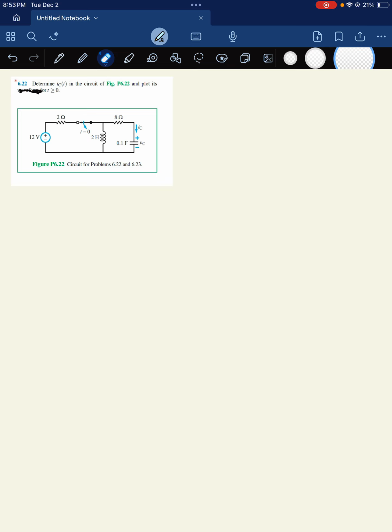So step one, we're gonna analyze the circuit at t equals 0 minus. The 12 volts is connected to the resistor, and we're gonna assume steady state, right? So the inductor acts like a short, so there's not gonna be any current going through here, okay?